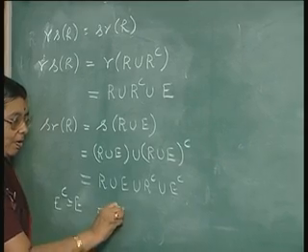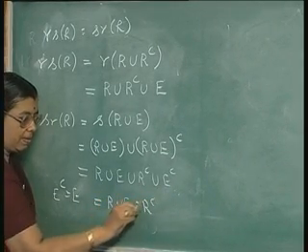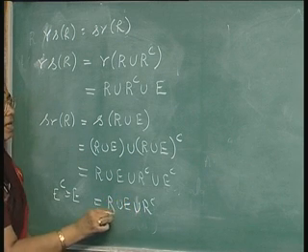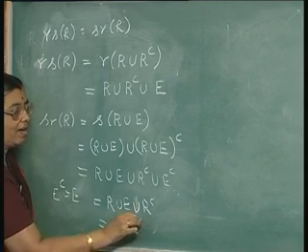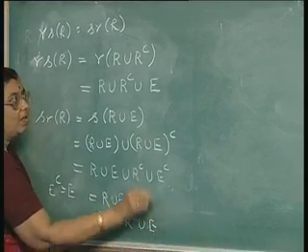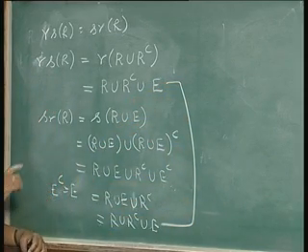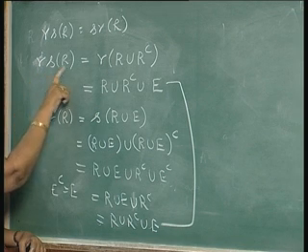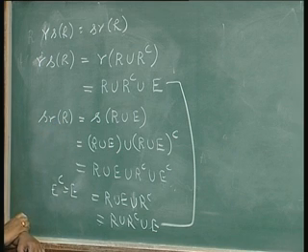So, this becomes R union E union R^C, and because of commutativity you can write it as R^C union E. So, you find that this and this are equal. So, the reflexive closure of the symmetric closure of a relation is the same as the symmetric closure of the reflexive closure of that relation. That is the first part.